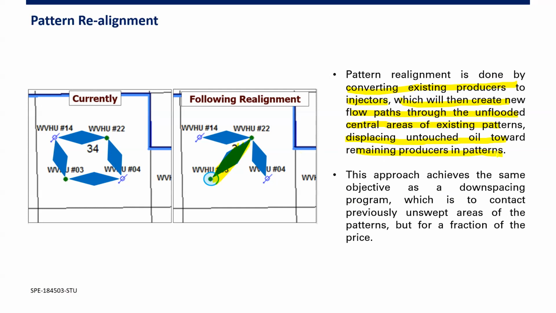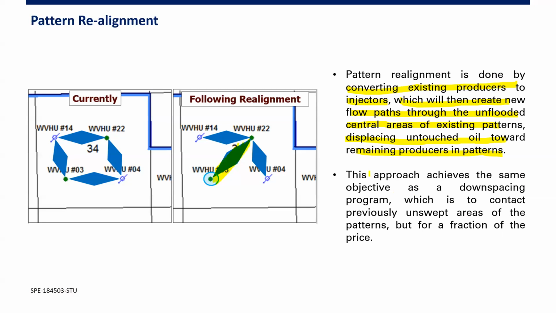So by creating a new flow path, the water will flood the unflooded area and then displace the uncontacted oil, undrained oil, or untouched oil towards remaining producers in the pattern. It's a very interesting statement, all right?